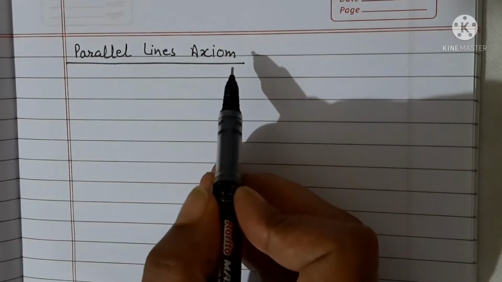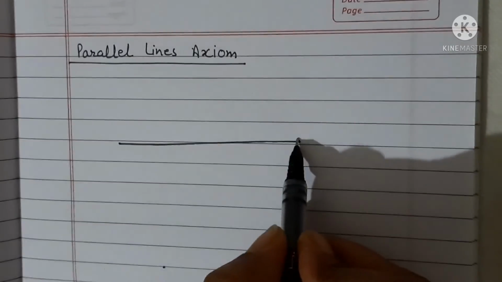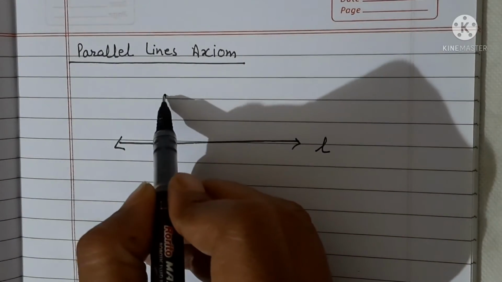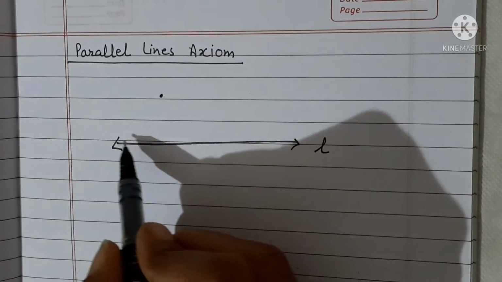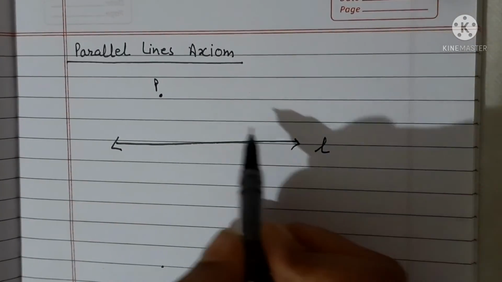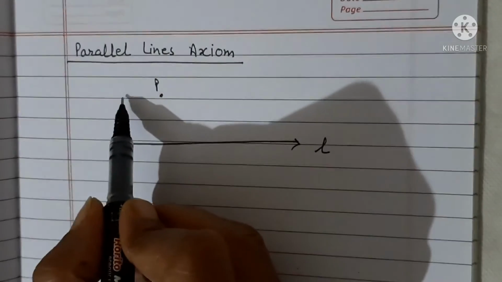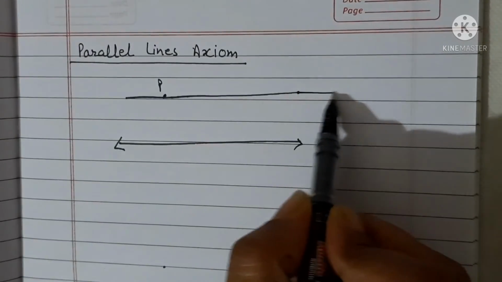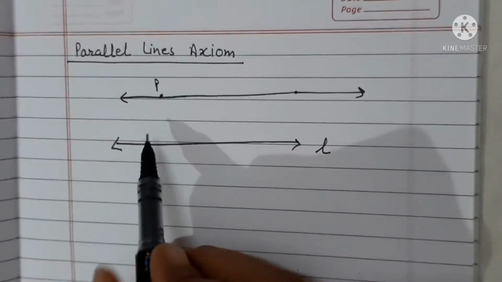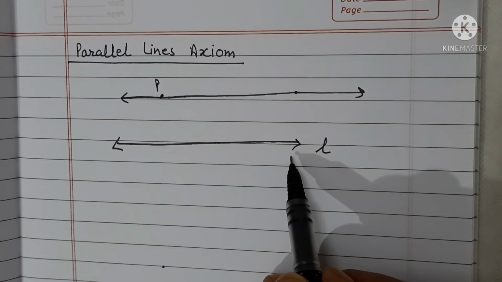Now, the parallel lines axiom. If P is a point outside a given line, suppose this is a line L and P is outside the line, this is the point P. Then one and only one line can be drawn through P that is parallel to L. So this line is parallel to L and it will be the only one.